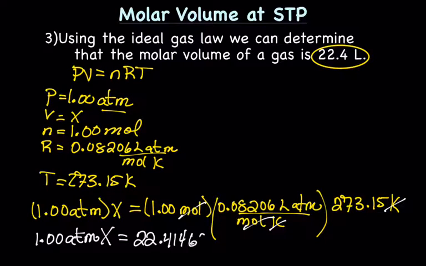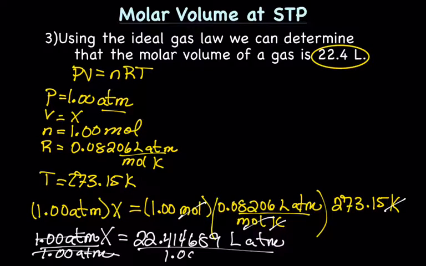To get the x by itself, we're going to divide both sides by 1 atm, and that crosses out our atm units. 22.414 blah blah divided by 1 is 22.414689 liters. So we have our answer.